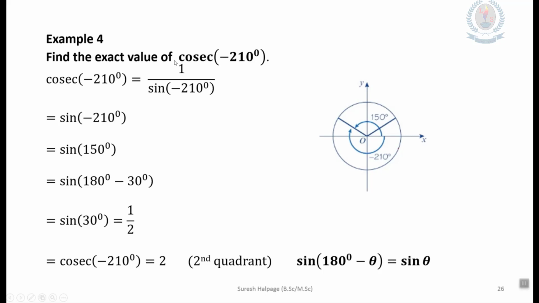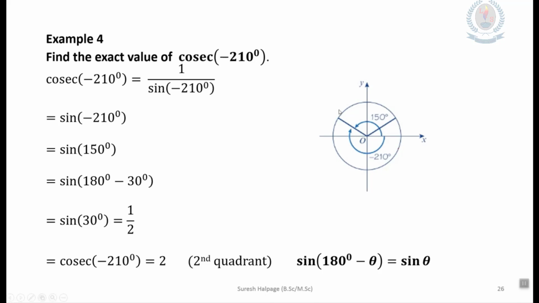Example 4. Find the exact value of cosec minus 210 degrees. It is a minus angle, so you need to mark it clockwise, starting from the positive direction of the x-axis. Minus 210 can be marked like this. That angle equals anti-clockwise 150, so you need to find sin 150 degrees. Sin of 180 minus theta equals sin theta.